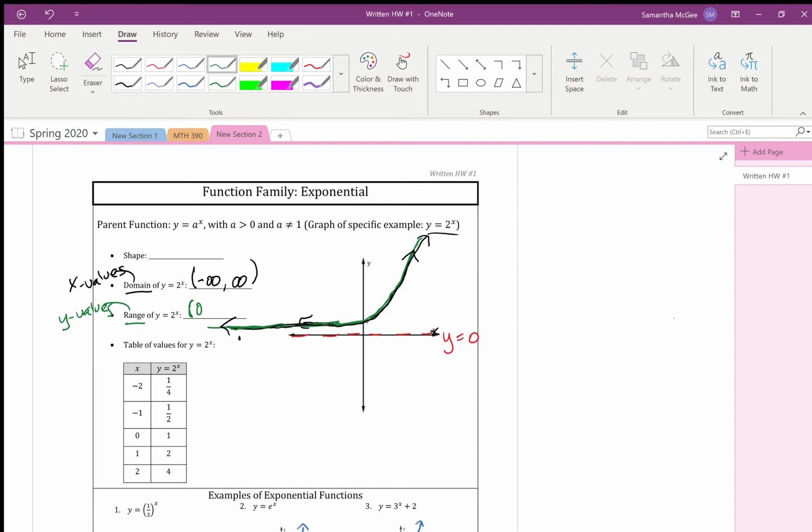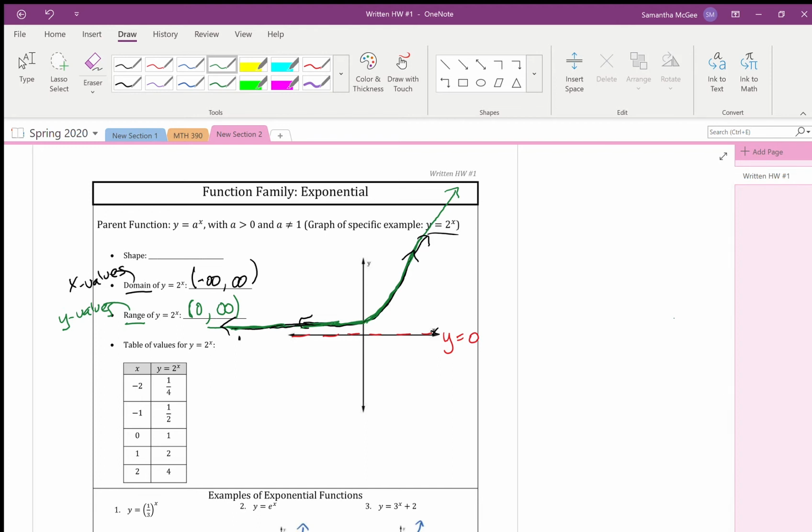Our smallest is super duper close to 0, but not 0. Then as we move to the right, we're going to output every number after that because it goes up to infinity. It goes up forever. So we say our range is from 0 to infinity, and again, you always use a parenthesis with infinity.